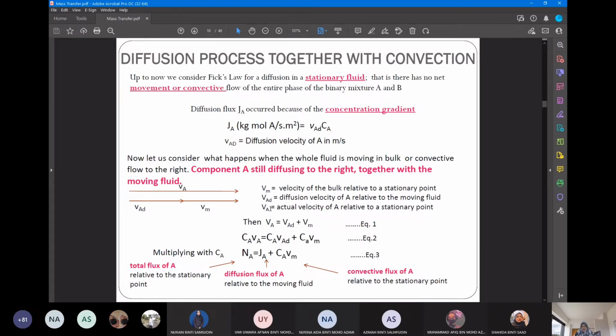V represents velocity. The actual velocity of component A. When you have A here, it represents component A. Actual velocity of component A relative to the stationary point. What does it mean by that? Just to give some ideas.